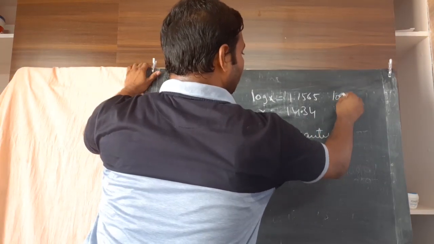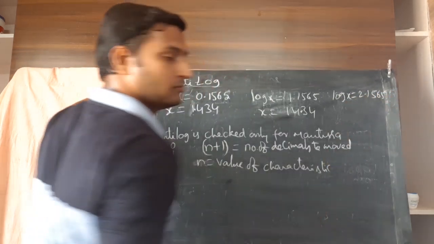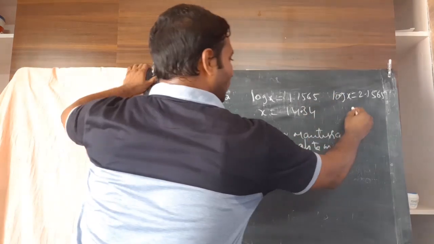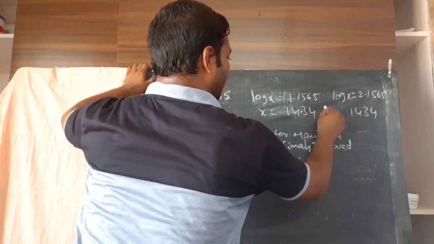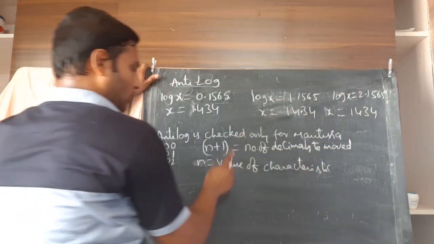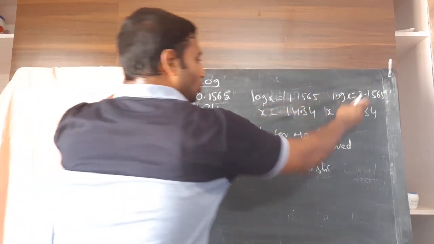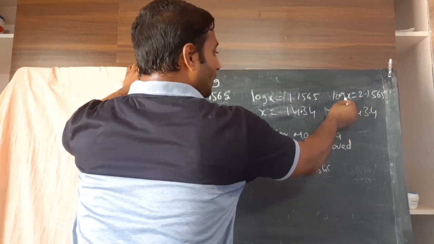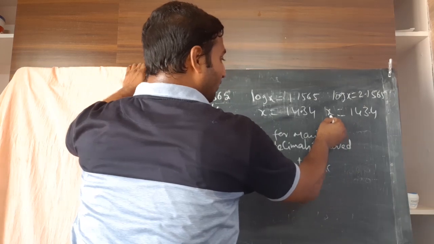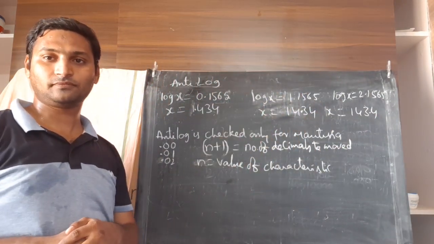Similarly, what if log x was 2.1565? Then as usual you will get 1434 from the anti-log table. The characteristic is 2, so 2 plus 1, 3 decimals I should move. So if log x is 2.1565, x is 143.4.